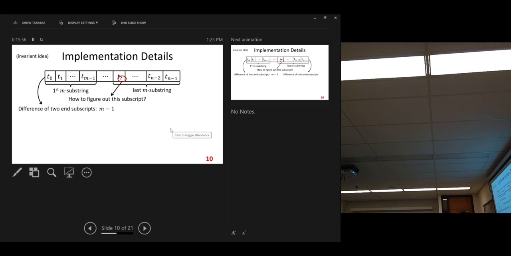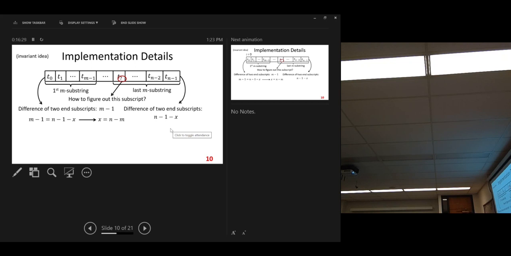For the first substring, that's m minus 1. For the last one, the difference is m minus 1 minus x, which should be equal to m minus 1. So we get this equation. We solve it for x.